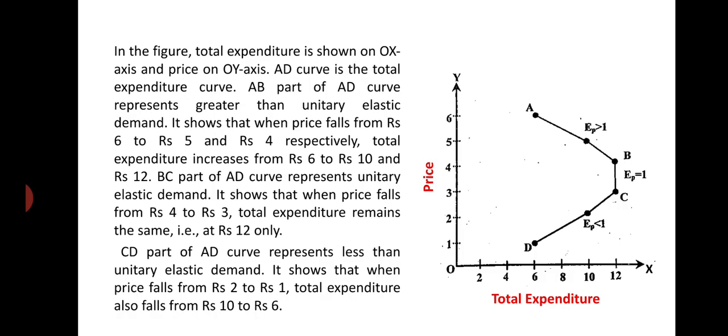So these are the 3 possible situations that we can find as the effect on total expenditure with a change in the price of a commodity. So this is all about how to measure price elasticity of demand with the help of the total expenditure method. Right?